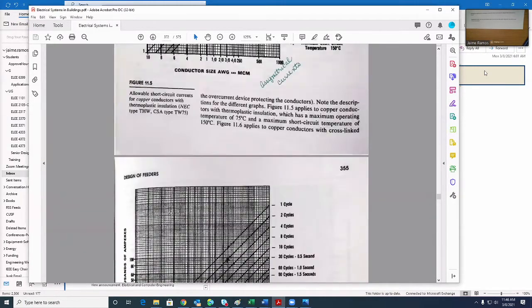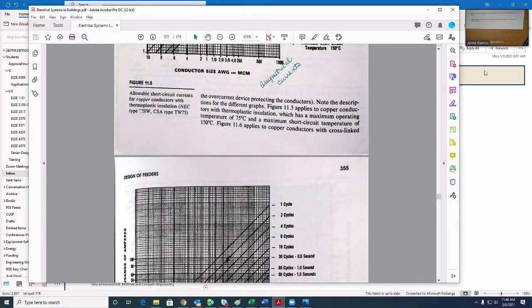The first table was for the common conductor. THW is the common conductor, thermoplastic. The T stands for thermoplastic, the H for heat, and then water.